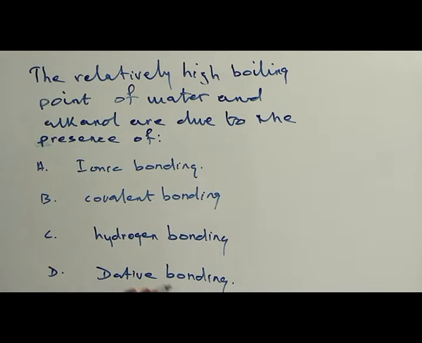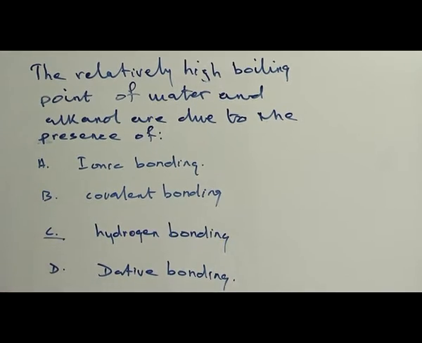D, dative bonding. It is not dative bonding, because dative bonding occurs when two elements combine and one of them has a lone pair of electrons. This is not so in the case of water and alkanol, and consequently the correct option is C, hydrogen bonding.